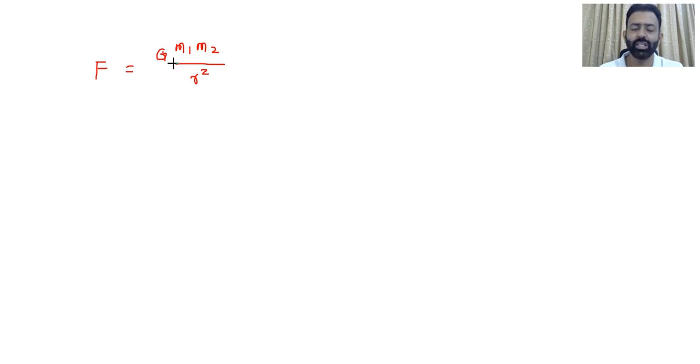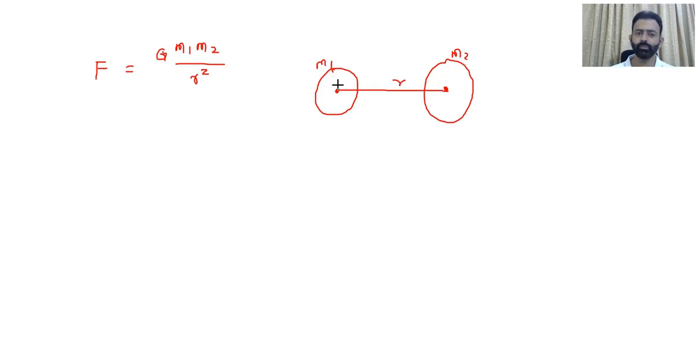So F is G m1 m2 by r squared. Let us say these are two heavenly bodies, this is m1, this is m2, and joining their centers, this will be your distance r.